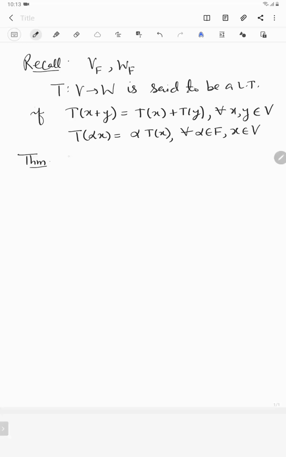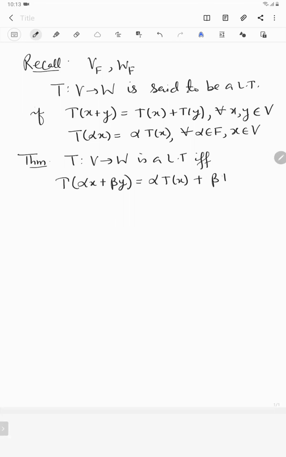So if T is a function from V to W, where V and W are vector spaces over the same field F, it is a linear transformation if and only if T of alpha x plus beta y is equal to alpha T x plus beta T y for every alpha, beta in F and x, y in V. This we already proved in our last lecture.